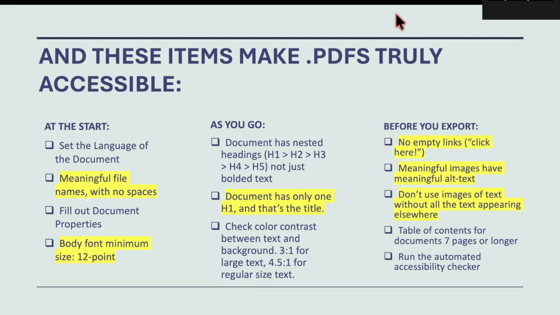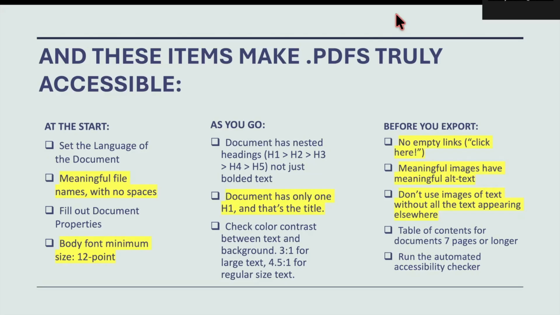At the start of the process, you're going to create a meaningful file name that has no spaces in it. And you're going to make sure your body font is set to a minimum size of 12 points. As you go along, you're going to ensure that your document has only one H1, only one heading 1, and that is your title. And then before you export, you're checking to make sure there are no empty links.